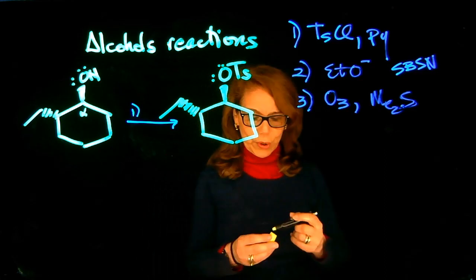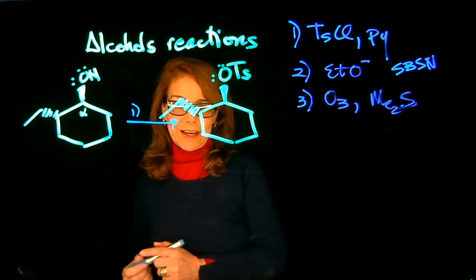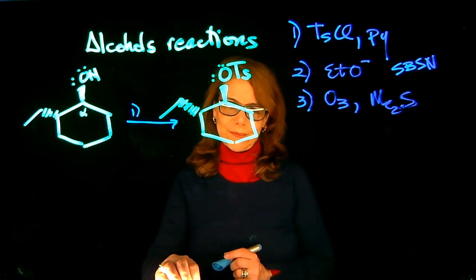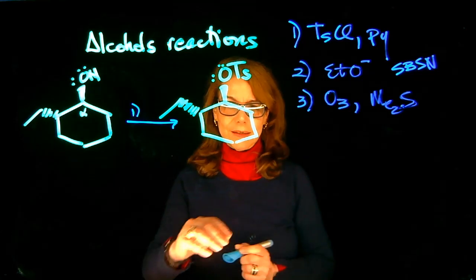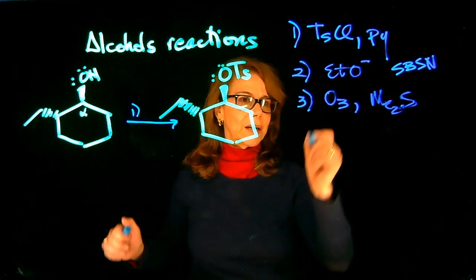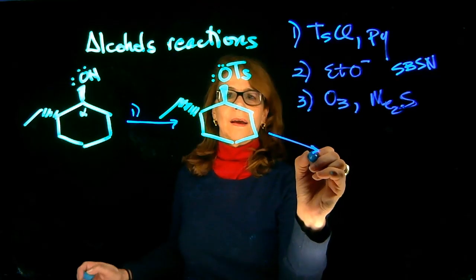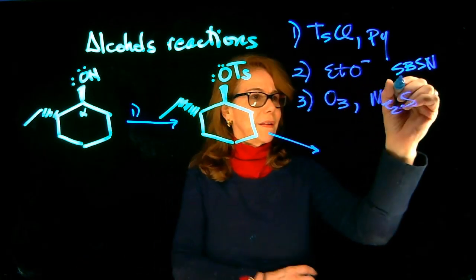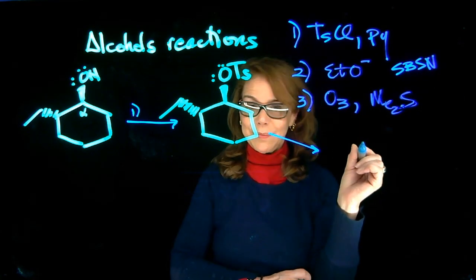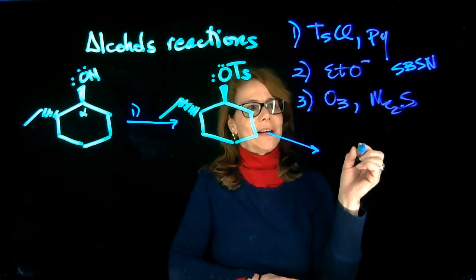Let's work now with the second reaction. In your second reaction, you're treating that with ethoxide. This is a strong base, strong nucleophile, so we're going to be doing an E2 reaction.